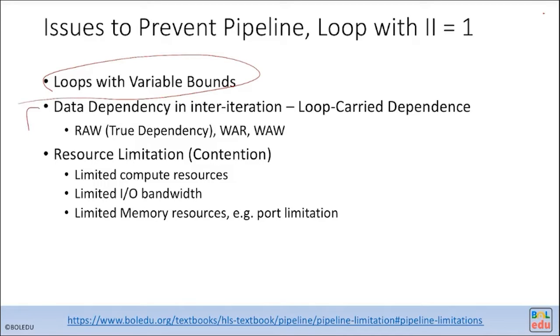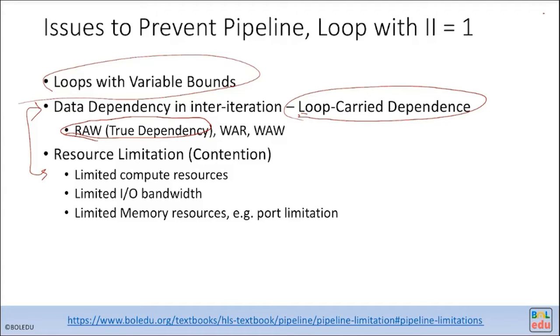And there are two important factors that prevent the pipeline. One is the data dependency. We call it loop carried dependency. And there are three types of loop carried dependency. What we mainly focus on is the read after write, because that's the true dependency.